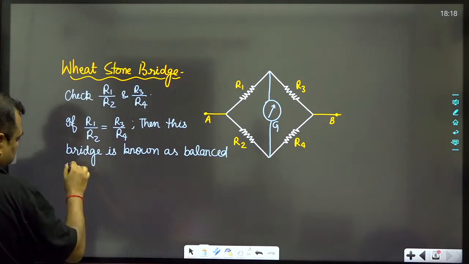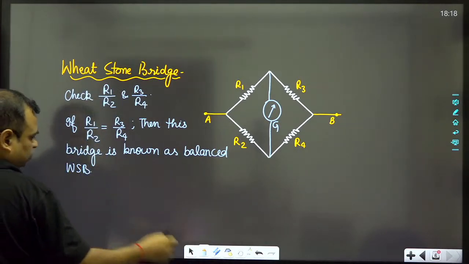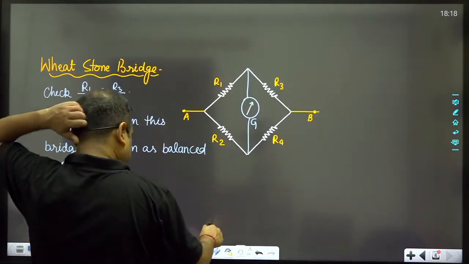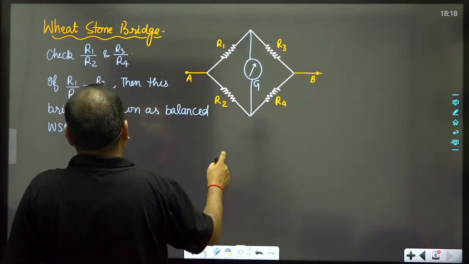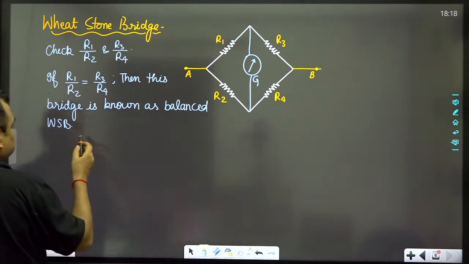Yes, this is a balanced Wheatstone bridge.